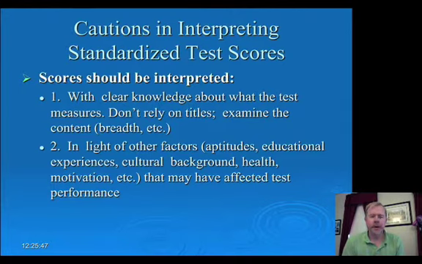In light of the other factors that may have affected test performance, things like student attitude that day, cultural background differences, the health of the students, their motivation level, all of these things play a part in the kinds of scores that students get, because we're making a lot of assumptions based on students getting a variety, usually, of selected response items, right or wrong, based on checking or coloring in the right letter. So we have 50 different items. It doesn't take a lot of those items to create a score that is spuriously high or low.